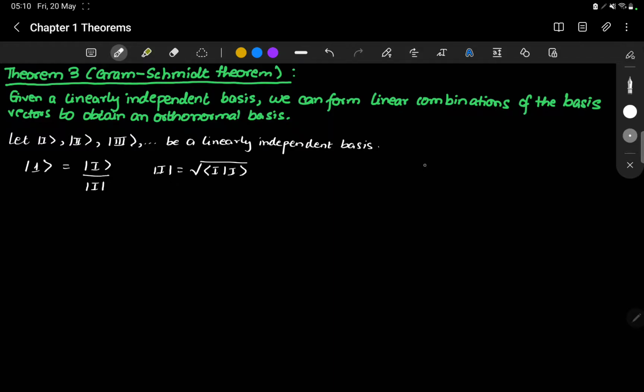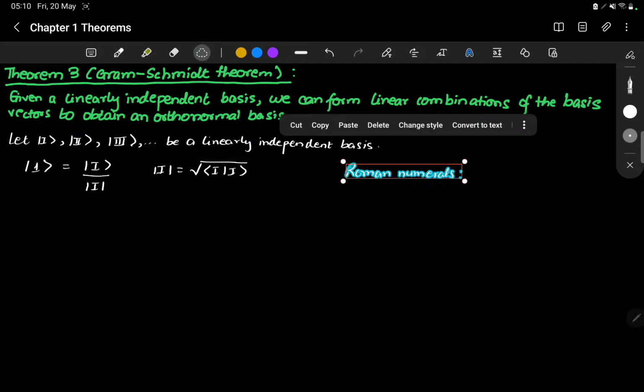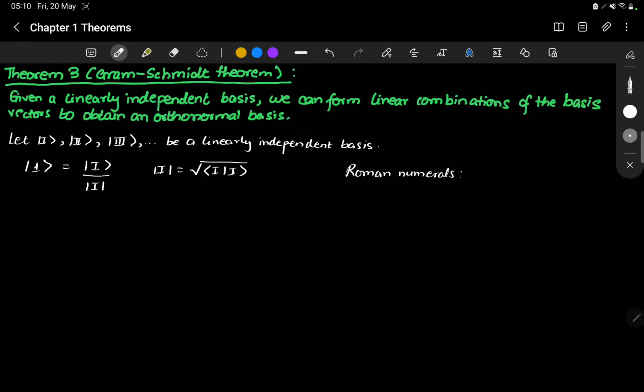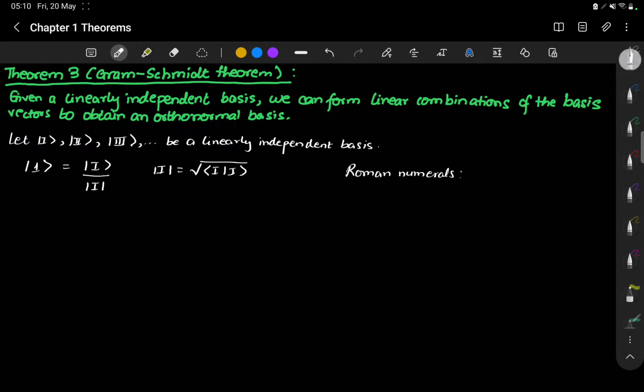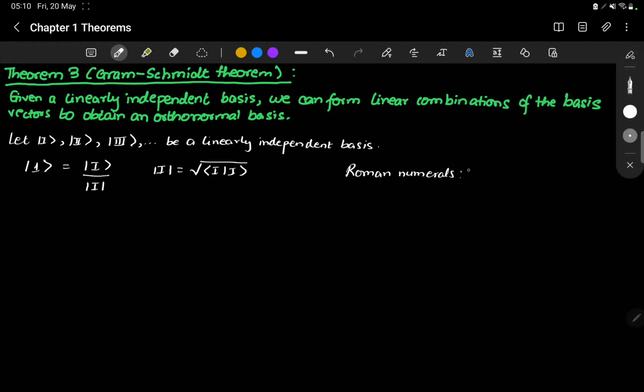Let us clarify over here that our Roman numerals are used to denote the old basis, the one we start with, and this is basically not orthogonal or orthonormal. We are trying to make this orthonormal.